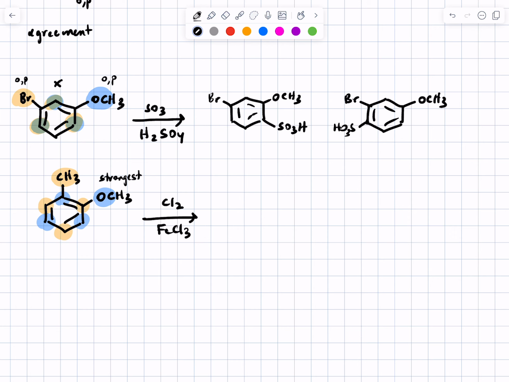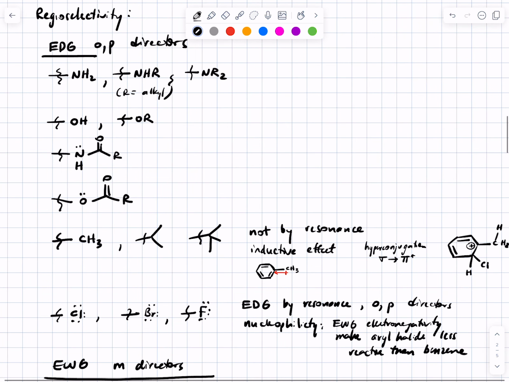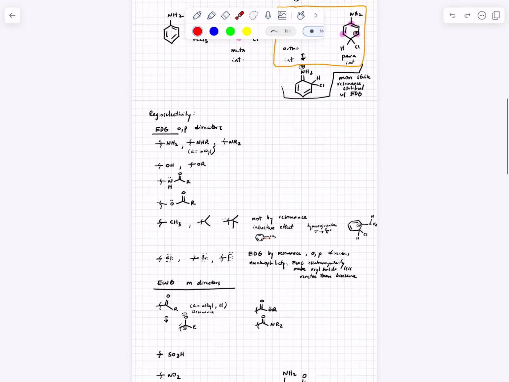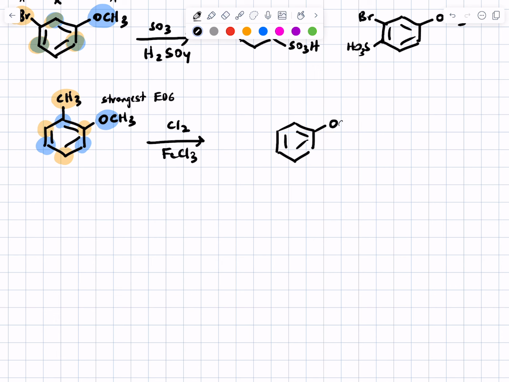This is where you want to have that order of groups, get some intuitive sense for which groups are better donating than others. In general, the resonance donating groups, with the exception of the bromo and the chloro, are all higher up on our list than the alkyl groups. So you would preferentially go with the methoxy group over the alkyl group, and you would choose to put the chloro ortho or para to the methoxy and not ortho and para to the alkyl group.